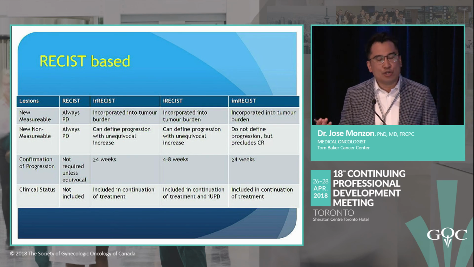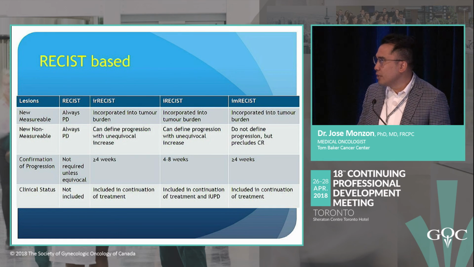The reason I know why they incorporate it is because if patients have progression and an alternative treatment option, they don't want them to lose the window of opportunity to move on to that second-line treatment. So they put the confirmation within this 4 to 8 week window.